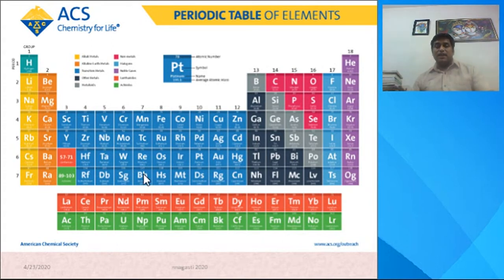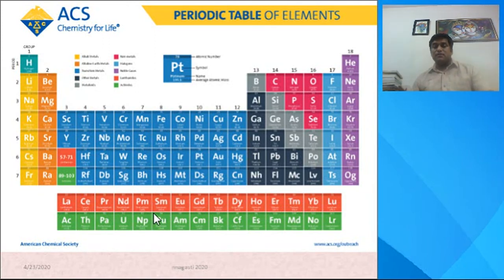Now the elements remaining in between these S and P block are D block elements. If you look at electronic configuration of these elements, the outermost electrons of these elements are placed in D orbitals. So that is why these elements are grouped under D block elements.